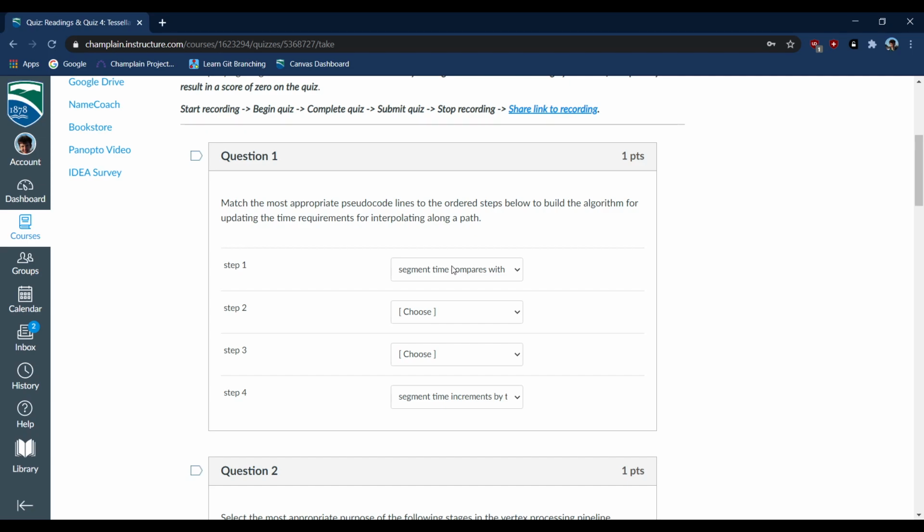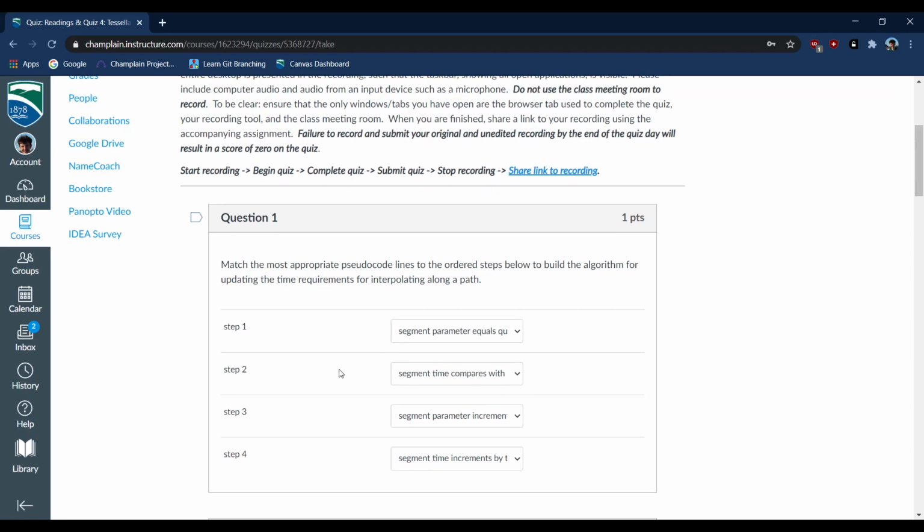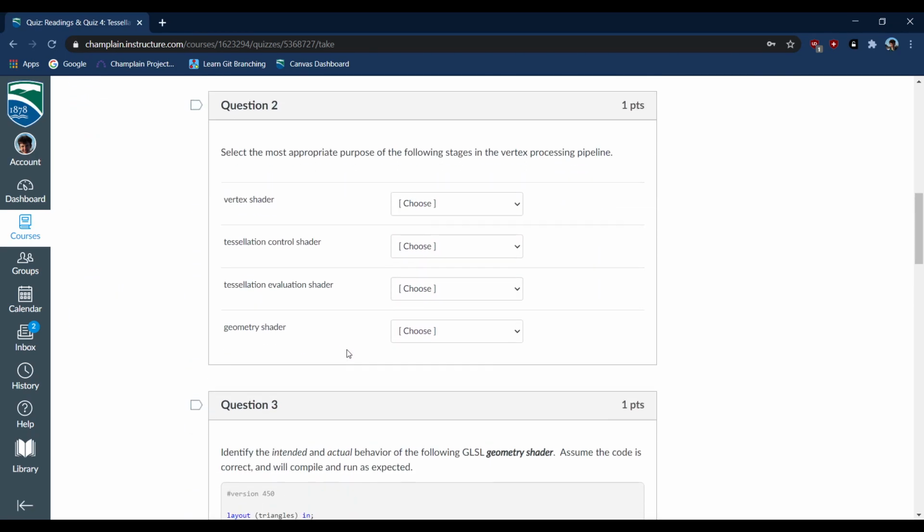Maybe we need to set the segment parameter first, and then we compare the time, and then after that we increment the parameters, and then we increment the time. I think that makes some sense. I'll come back to it though.